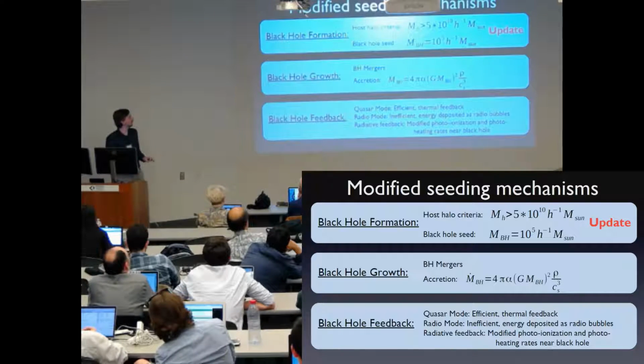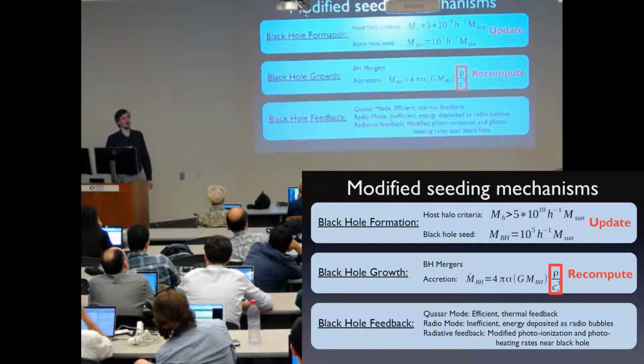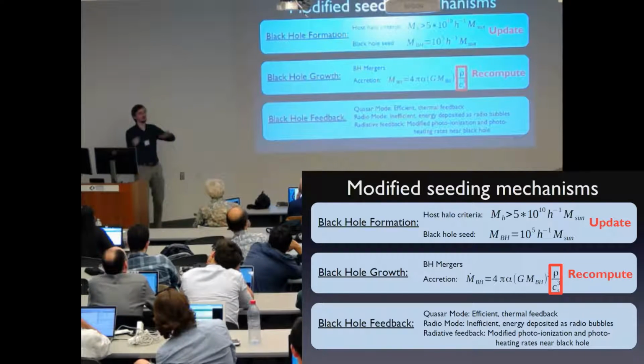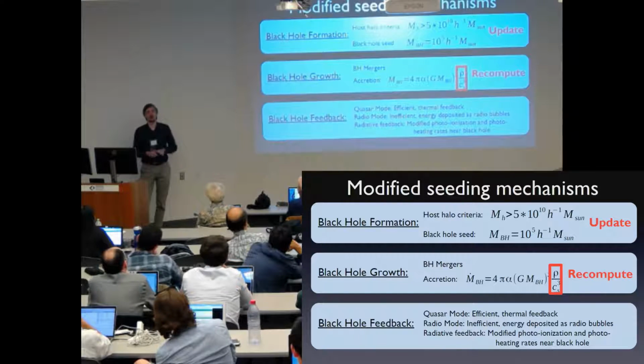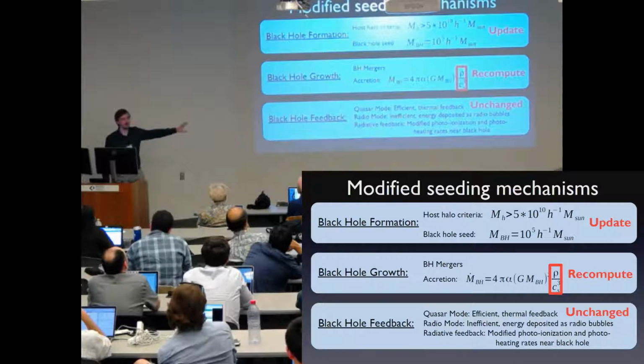But what we can do is just recompute the growth. So instead of rerunning the simulation, we take all the output from the simulation and take advantage of the fact that the local gas properties to the black hole are saved at every time they're calculated. So we can actually recompute the entire growth history if it had been seeded differently, without having to rerun the whole simulation. Now, the one downside to this is feedback is then unchanged.